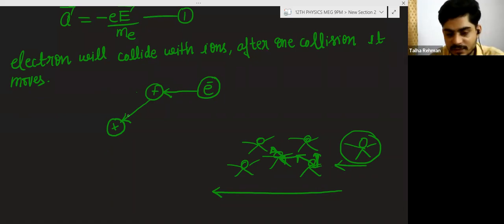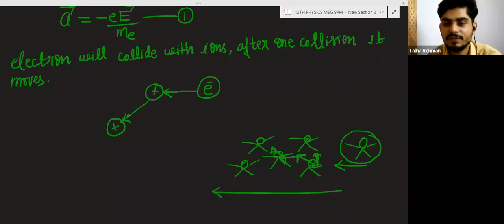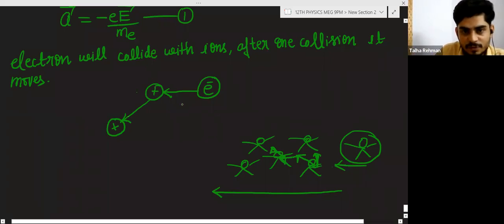And there is a relaxation time. Relaxation time means relax of the electron, simply. This is the relaxation time. Suppose this is electron 1, this is tau 1.